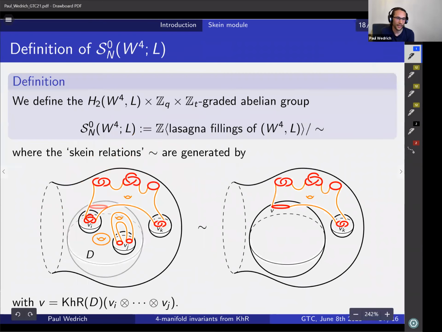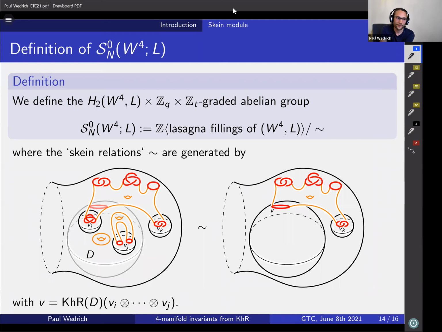Okay, and that we use on the next slide to define what the skein relation is and what the skein module is. So we take the skein module to be the free abelian group spanned by lasagna fillings of the four-manifold relative to the link, the fixed link L. And then we say the skein relation is generated by the following equivalence relation.